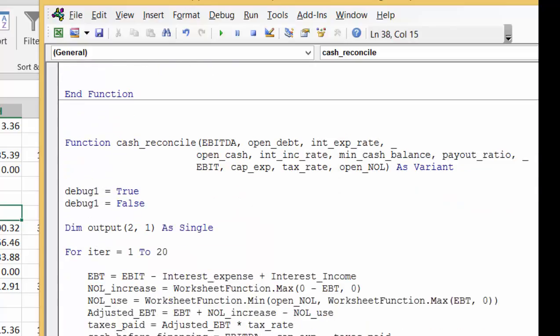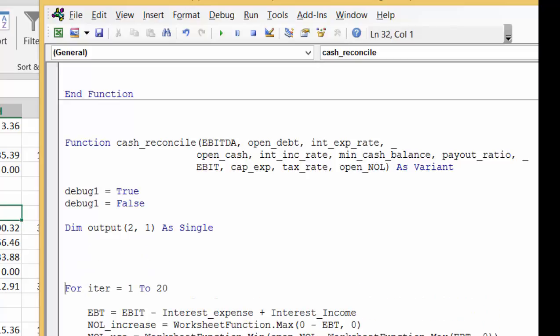Now what we're going to do here is, instead of going around the iteration, we're going to go around the equity balance, and we're just going to put an equity issue and go, instead of from 1 to 20, from start to finish.